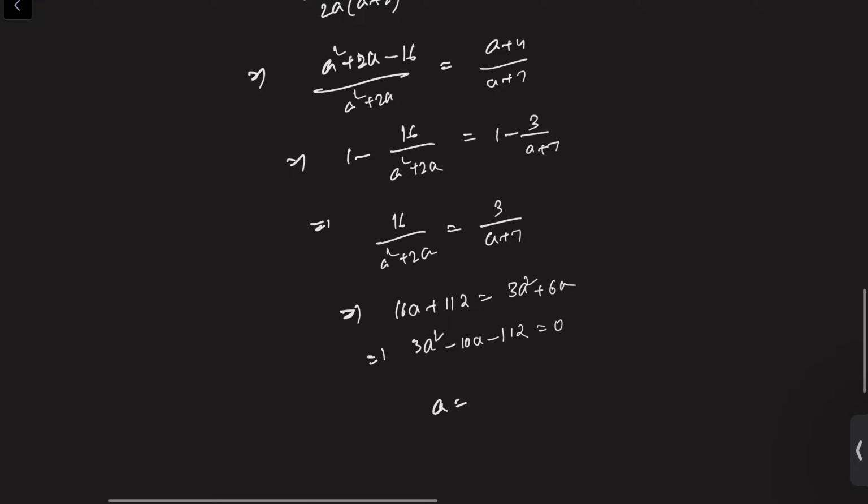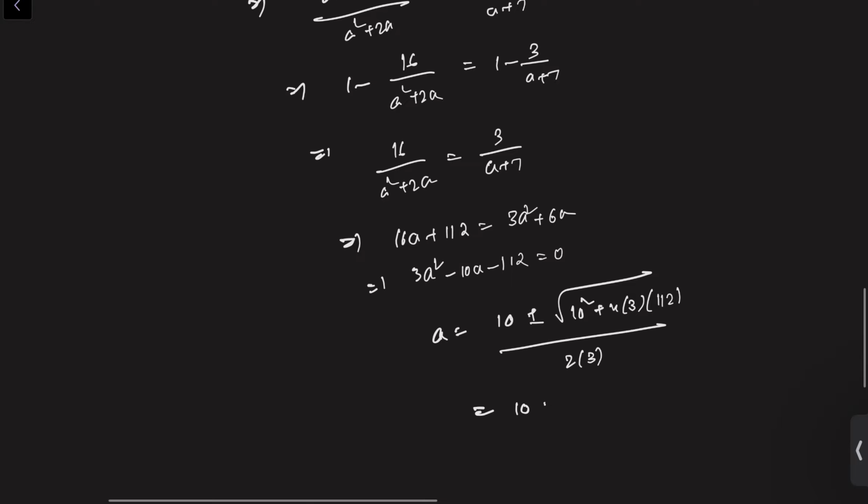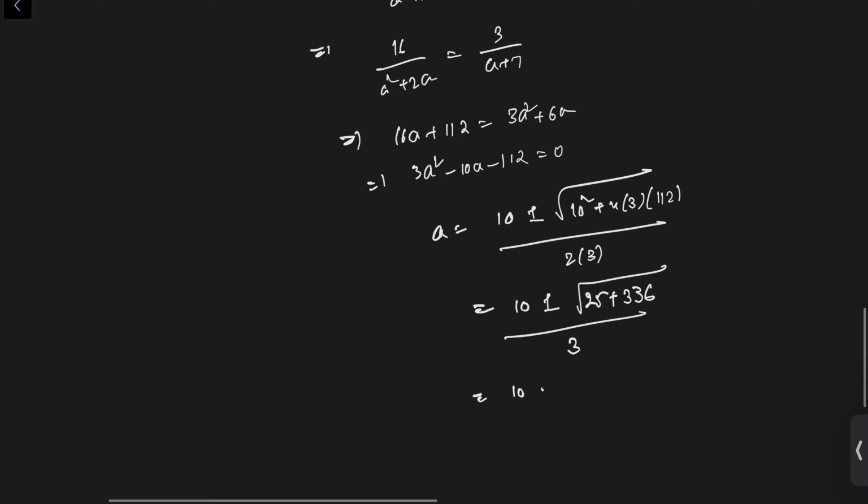So if we solve this, a is nothing but 10 plus or minus the square root of 10 square plus 4 into 3 into 112, divided by 2 times 3. So that means it is 10 plus or minus square root of 100 plus 1344, divided by 6.